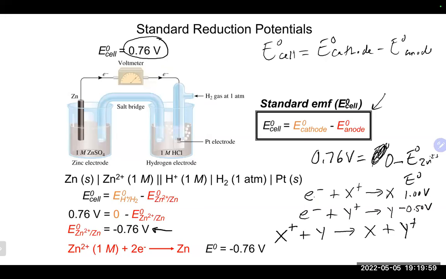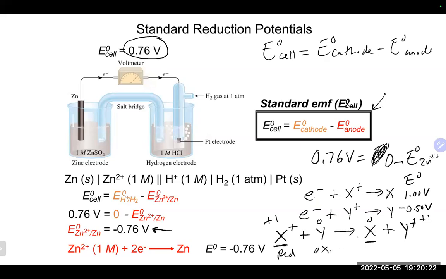So we'll do something like this. When we look at this, this is X plus going to 0, so that is plus 1 going to 0. Is that being oxidized or reduced? That is being reduced. And we have Y going from 0 to plus 1. That is being oxidized, right?